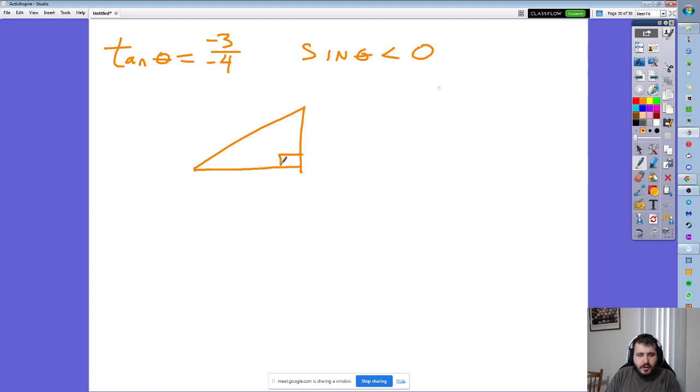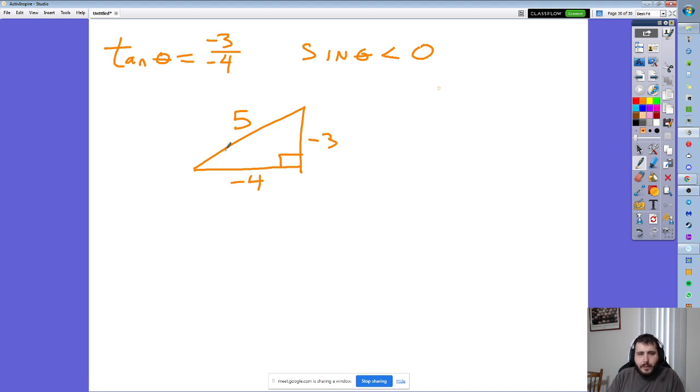And we can do another one of those just to show you if you would like. Opposite over adjacent. We do the Pythagorean theorem. Hopefully we know that this is going to be 5. We've done a lot of 3, 4, 5 right triangles because 3, 4, 5 right triangles are easy.